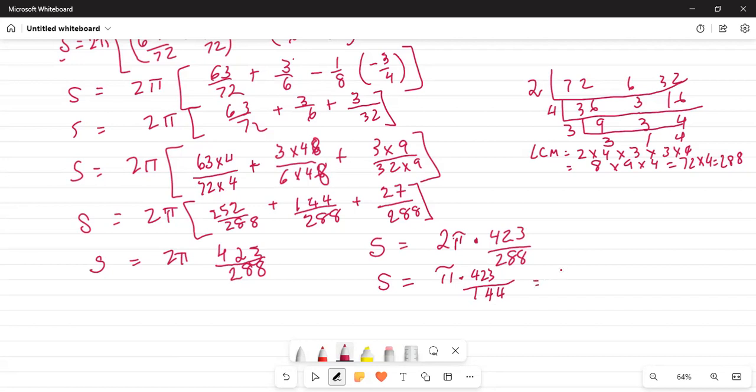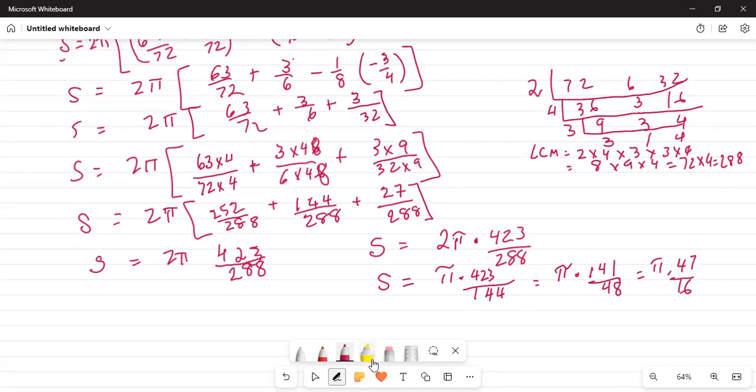Now we can take a common factor of 3 from the numerator and denominator, so it is pi times 141 over 48. And again, we can take another common factor of 3 out, so this is pi times 47 over 16.